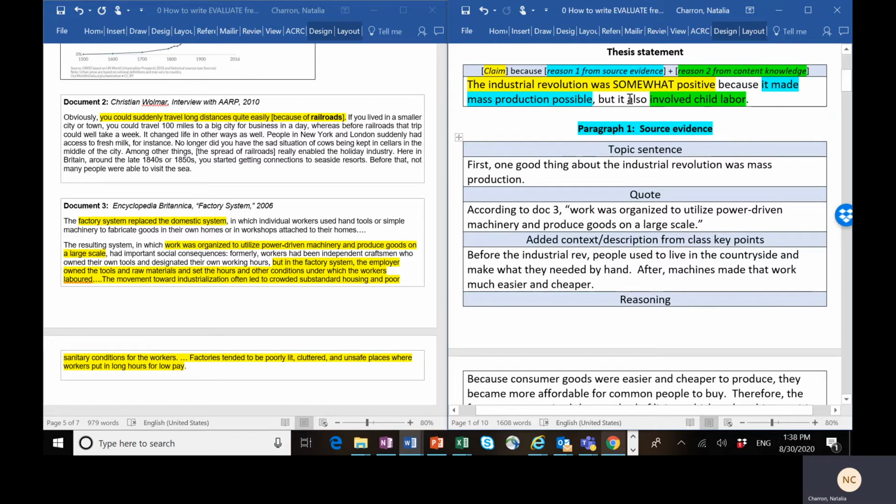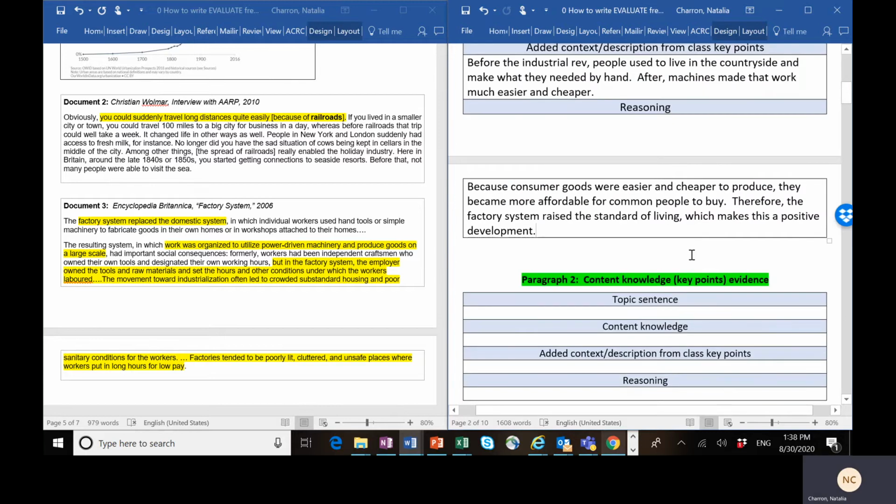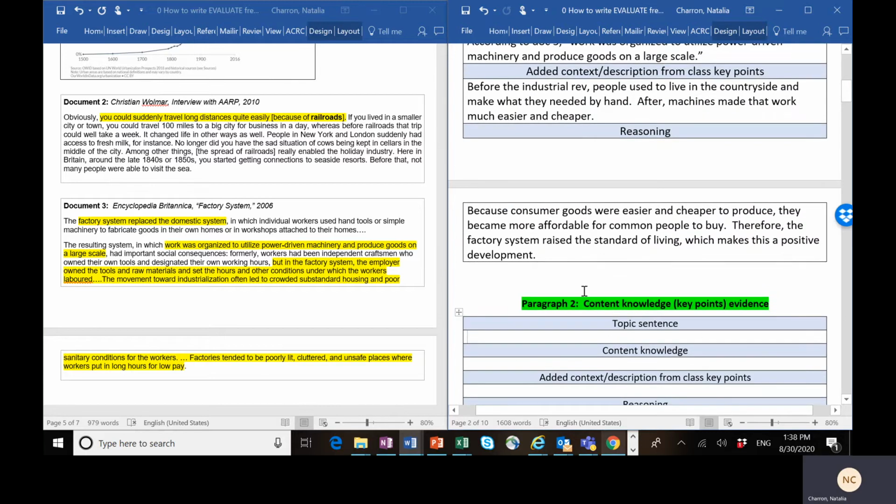In your thesis statement, your second reason for your claim involved content knowledge, stuff from class. And here you're going to talk about child labor, right? You need to introduce this second paragraph with a topic sentence. And you don't have to add information in order to get the point. You just have to write the sentence.